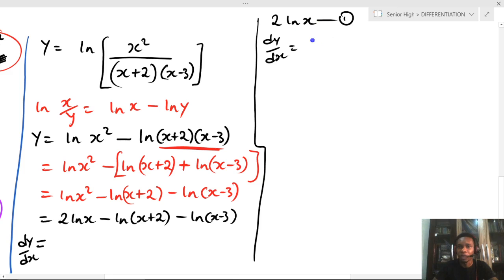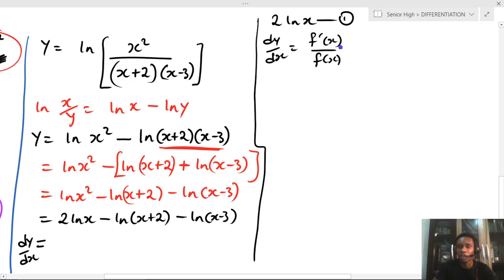What do we have? We have 2. What is the derivative of ln for this particular one? Remember how we find this. Our 2 is multiplying this. Now it will be 2, our f prime of x over f of x.